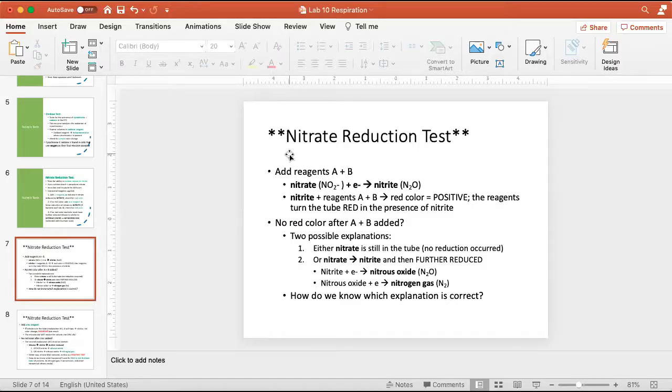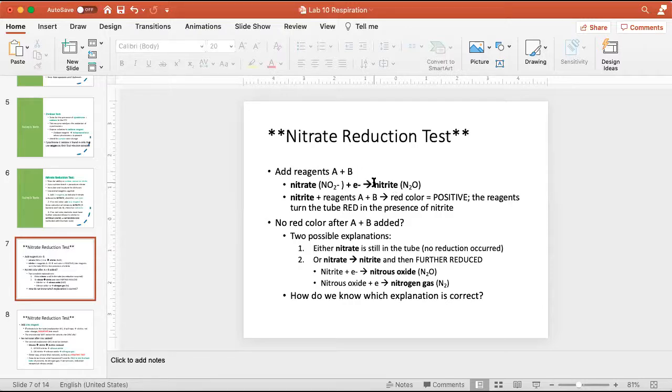When we take the tube out of the incubator, we're going to add reagents A and B, and we're going to look for a color change. These reagents, in the presence of nitrite, are going to turn that tube red. So if the microbe used the nitrate in the test medium and reduced it, added electrons to it, it's going to become nitrite.